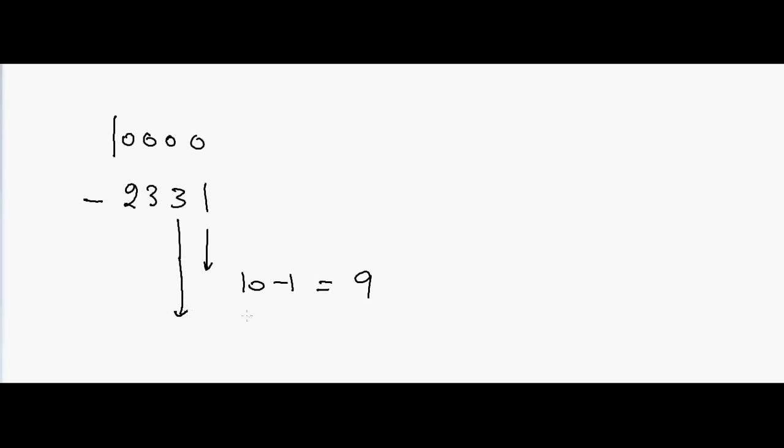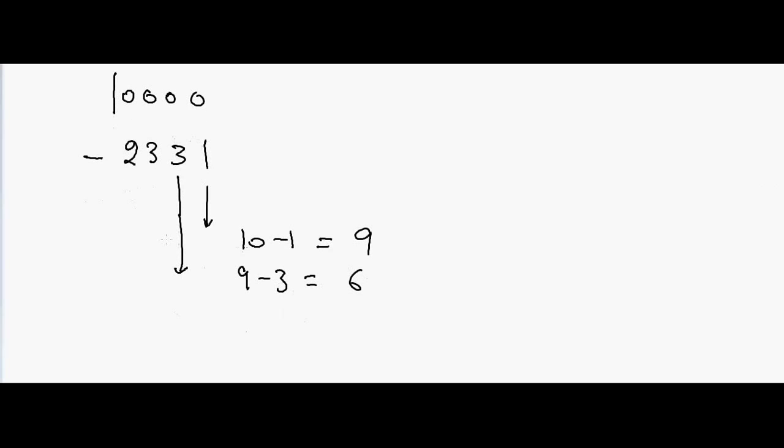The same thing can be done for larger numbers. Suppose I have 10000 and want to subtract 2331 from it. In that case, first I take the 2. So 10 minus 2 is equal to 8... Actually, following the transcript: first I take the 1. So 10 minus 1 is equal to 9, and I take the 3, so 9 minus 3 is equal to 6.